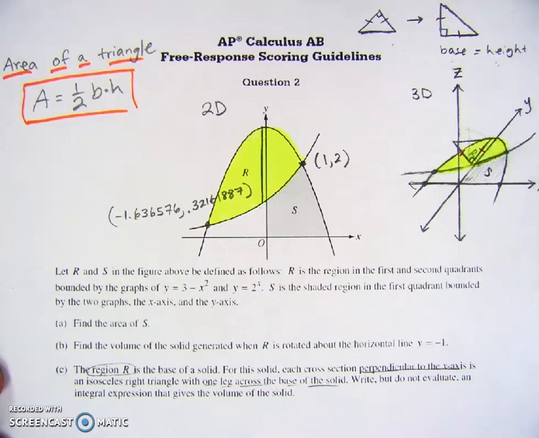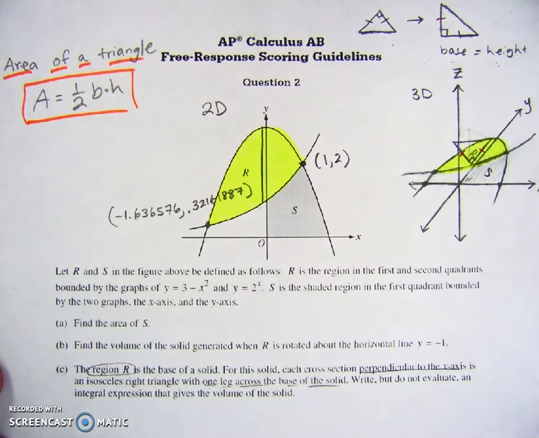So let's start off by writing an equation that represents the base for this isosceles right triangle. Go ahead and pause the video and see if you can come up with an equation for the base. So go ahead and do that now.